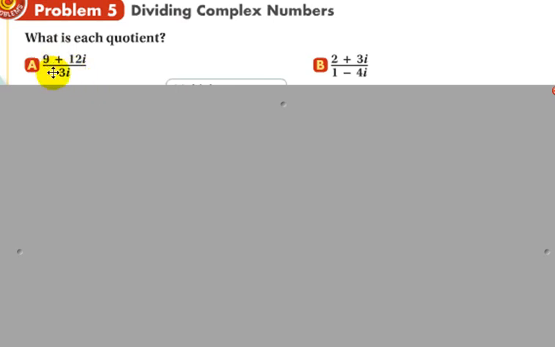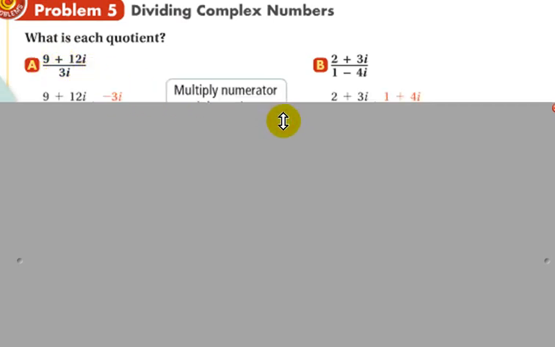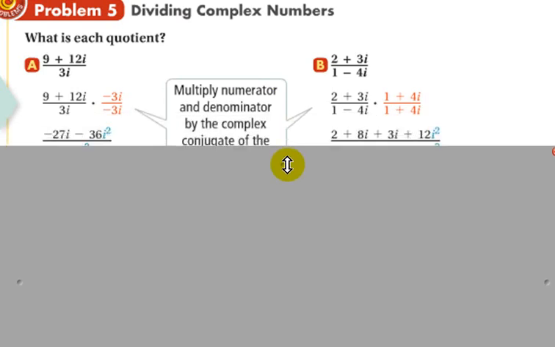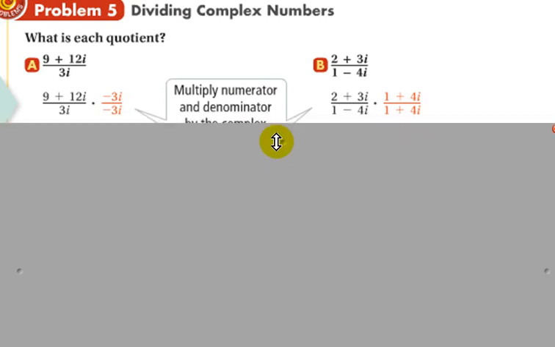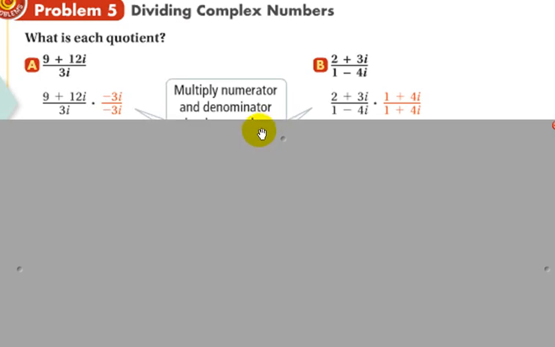So how do we do it? Well, when you want to clear the denominator, we're going to have to multiply by its complex conjugate. I'm going to show two problems at once. Here's A, where we've got a complex number divided by an imaginary number. And B, we've got a complex number divided by a complex number.